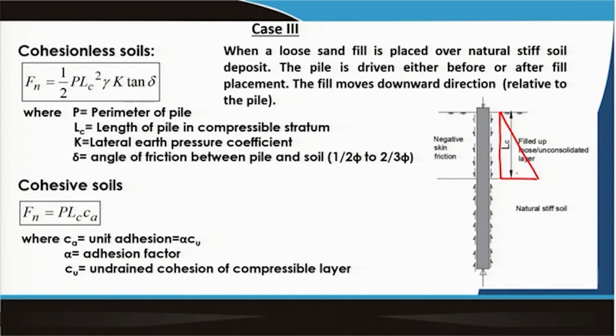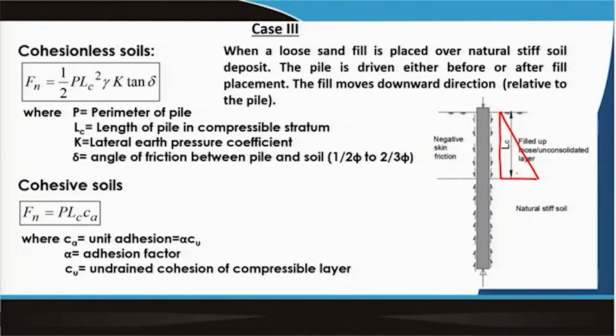Here also you can place the clay fill over the stiff soil, but that clay is a very soft deposit, and it will consolidate. So here also ideally you should use the drained properties.